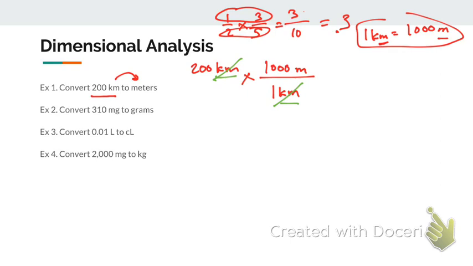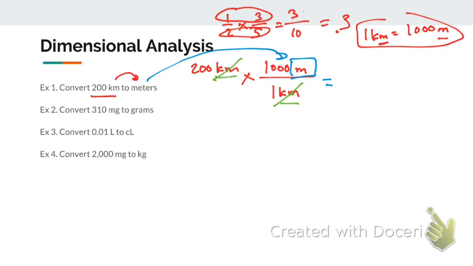And so the cross canceling trick tells me where to put the conversion unit. What I want to show you is, let's say we do this the wrong way. Let's say I flip this, so I had 1,000 meters below and 1 kilometer above. You'll see that these don't match, and so they can't cross cancel. So I put the kilometers on the bottom. Now, the unit that remains is meters, and meters is what I wanted.